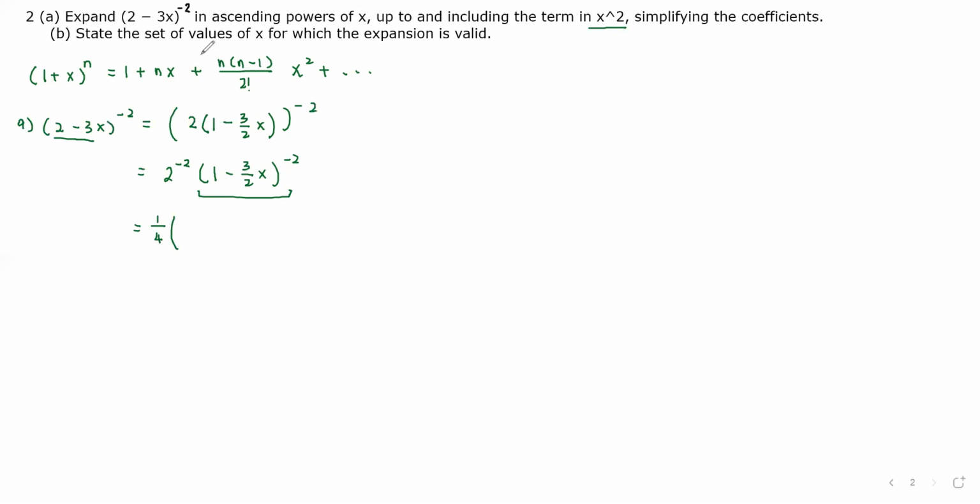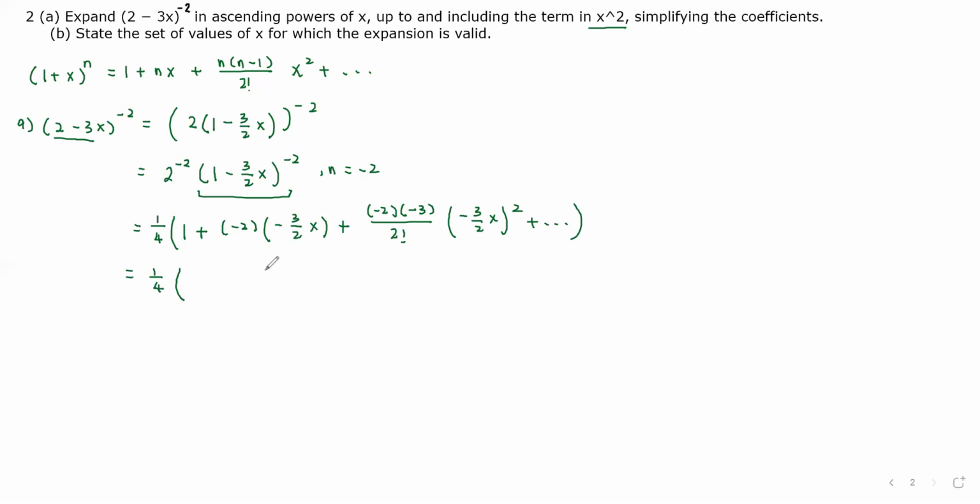When we expand, n is -2 and the x here is -3 over 2 x. Be careful with this negative. Then we have 1 plus nx, where n is -2 and x is -3 over 2 x, and then we add n times n minus 1, which is -2 times -3, over 2 factorial, times -3 over 2 x squared.